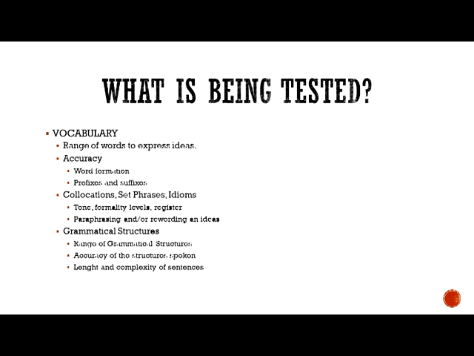Okay, it's okay if you make some errors during the exam, because everyone makes errors, no one is perfect, but the examiner will be checking if you make repeated basic errors, okay, or if you make errors only when you're using complex structures.